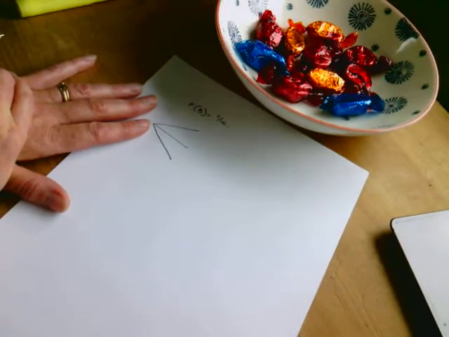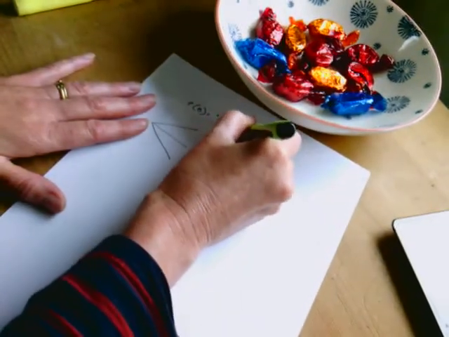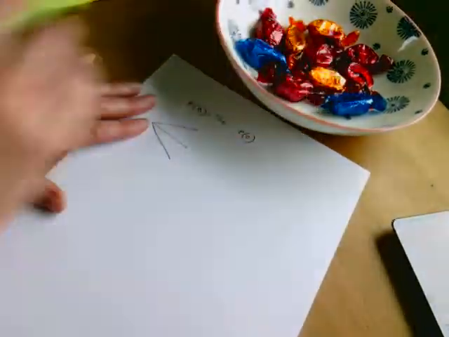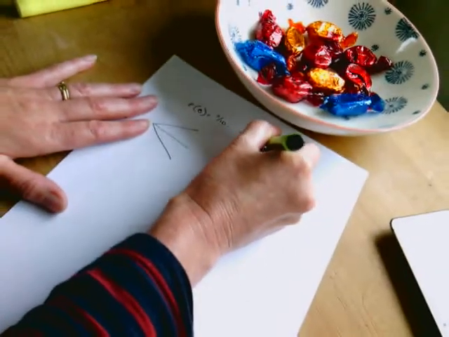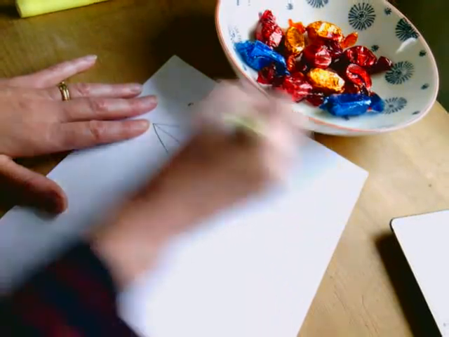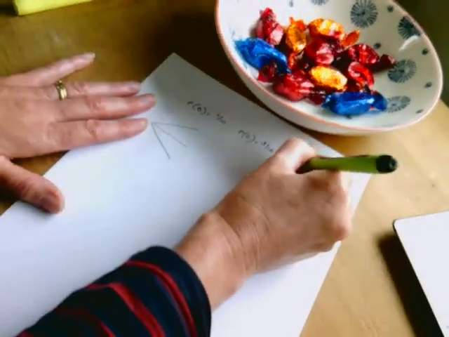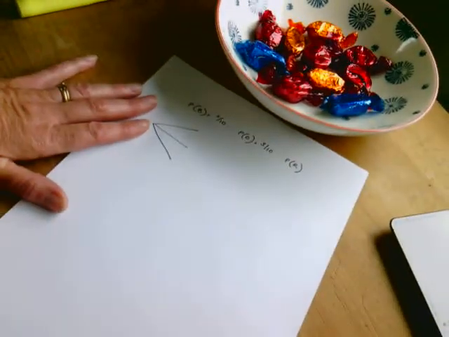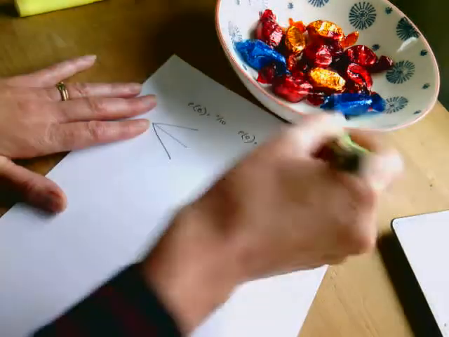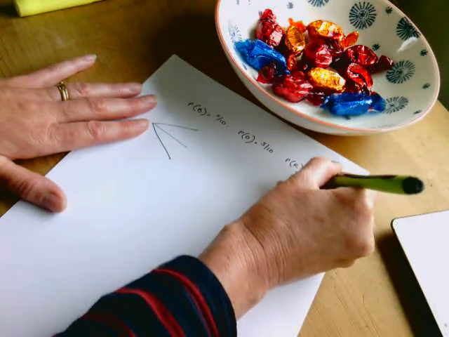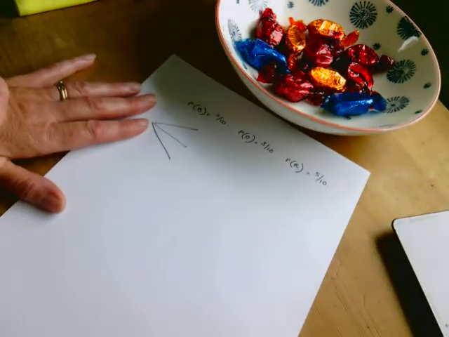The probability of taking an orange one, because there are 3 orange sweets out of 10 altogether, is 3 out of 10. And the probability of taking a red one, we can write that as P brackets R for red, is equal to 5 out of 10 because there are 5 red sweets out of 10 altogether.